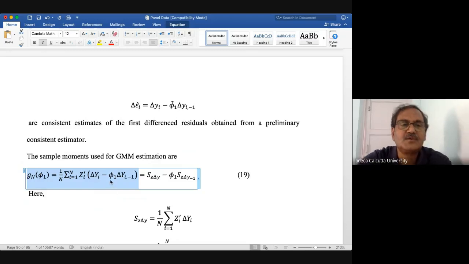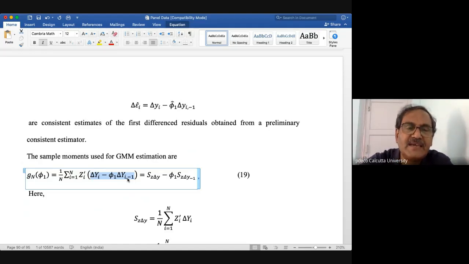Okay, so this part within bracket is basically delta epsilon. So this is nothing but the moments, zi prime into delta epsilon.